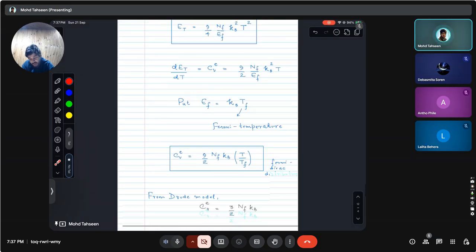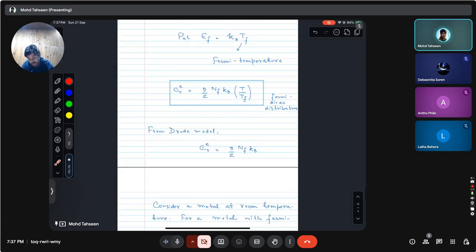Now if we take the ratio T by T_F, this was 300, this was 10,000, of the order of. We are talking in order of magnitude terms. So this is 10 power 2, and this is 10 power 4. So there's a factor of 100 here, which is getting divided into this expression.